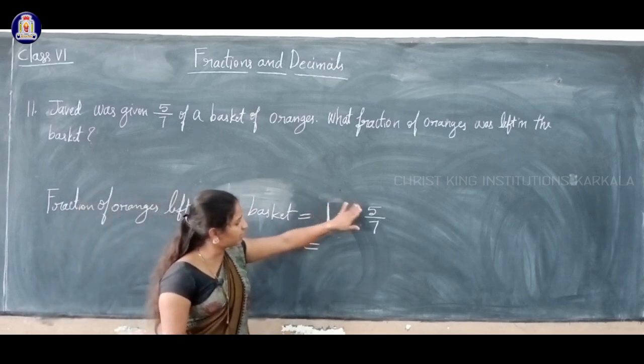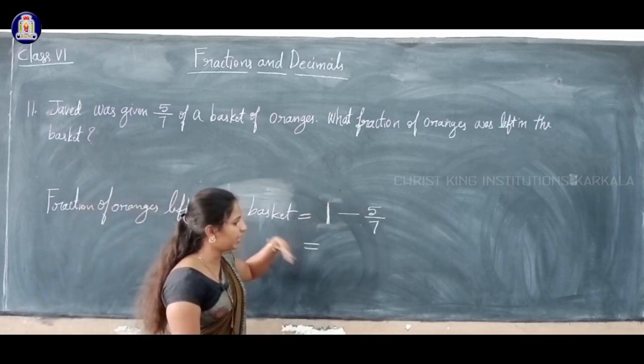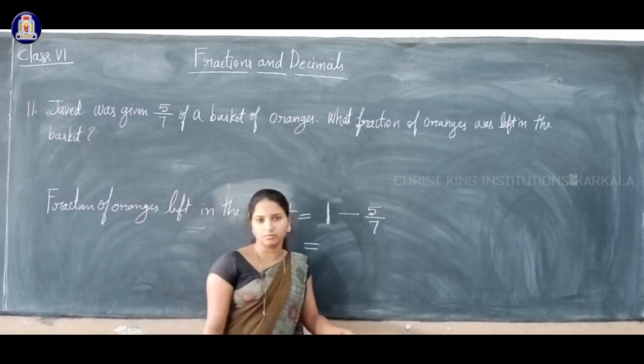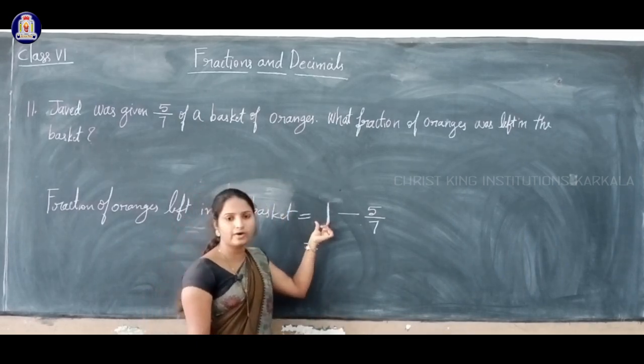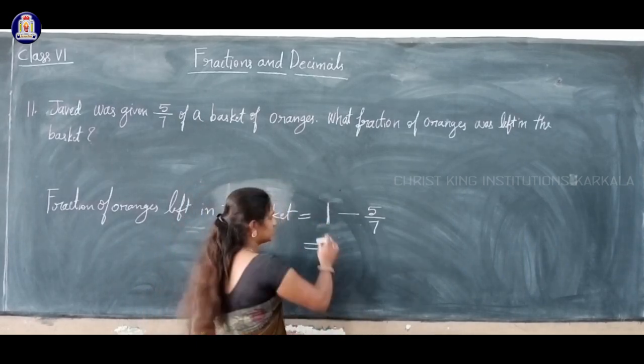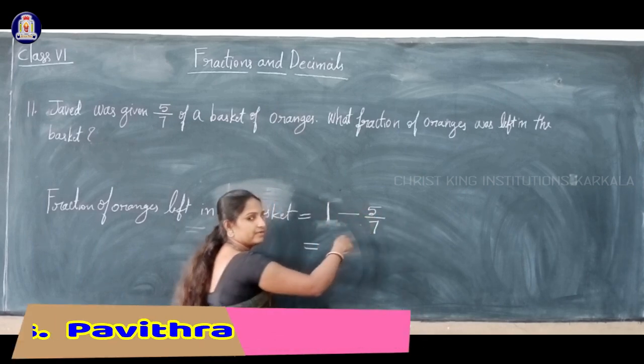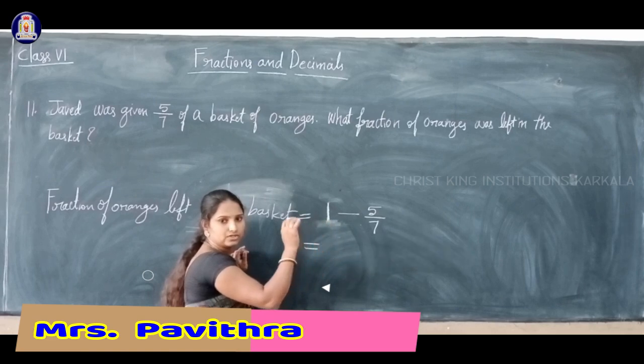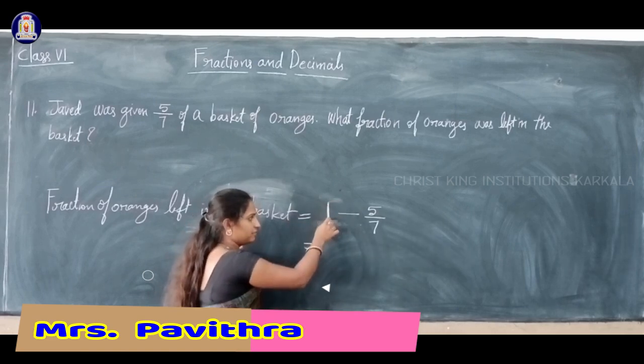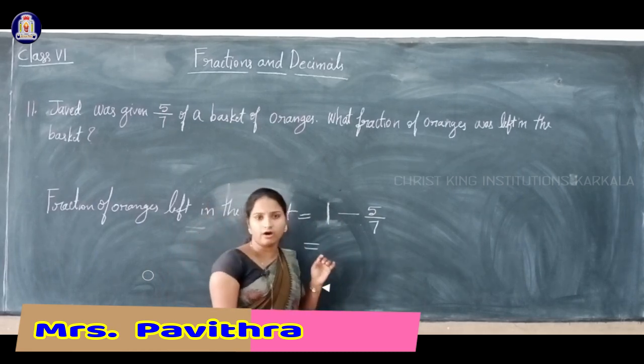1 minus 5 by 7. Here we have to make the same denominator. The denominator of 1 is not given, so you can write 1 by 1. So out of 1, they removed 5 by 7 part of the oranges. This 1 means a full basket contains oranges.